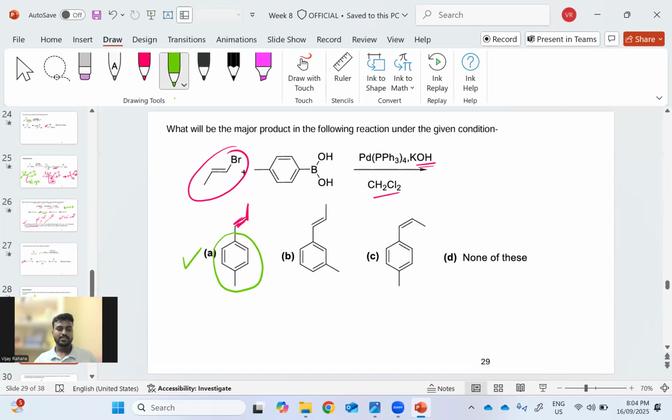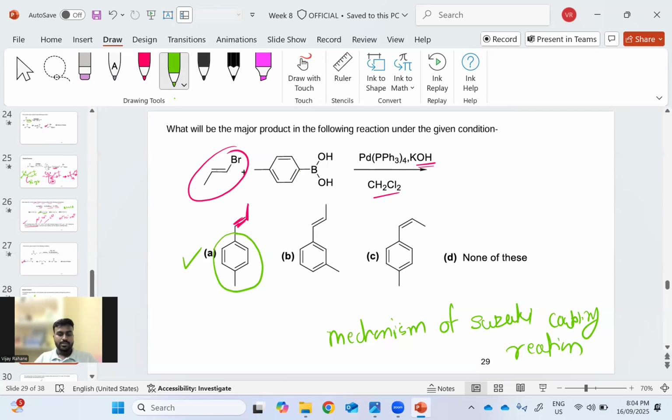Only here, at this bromo position, the carbon-carbon bond formation takes place by Suzuki coupling reaction. You can refer to the mechanism of the Suzuki coupling reaction.